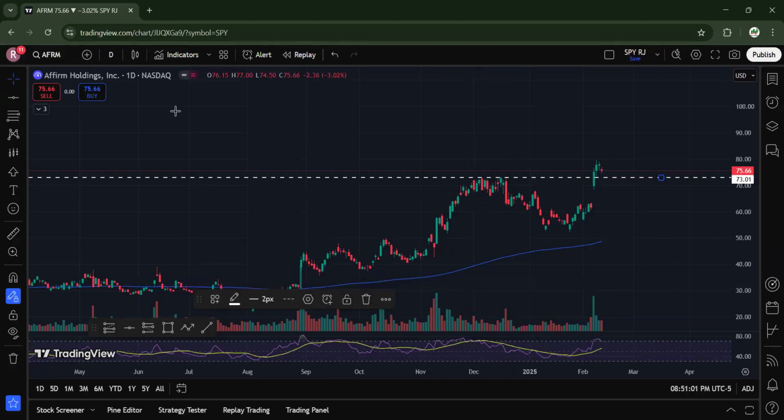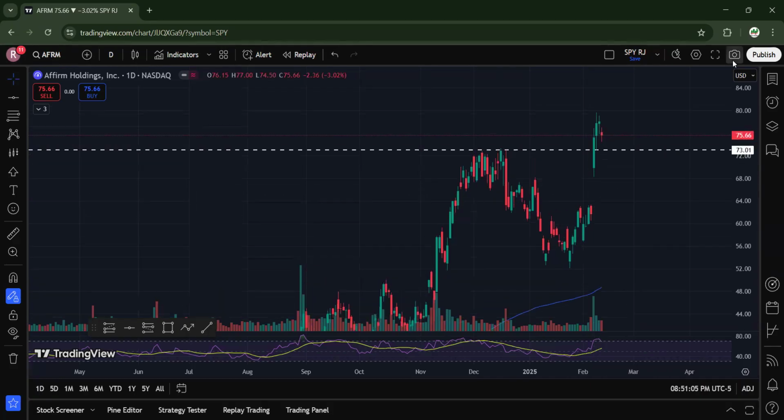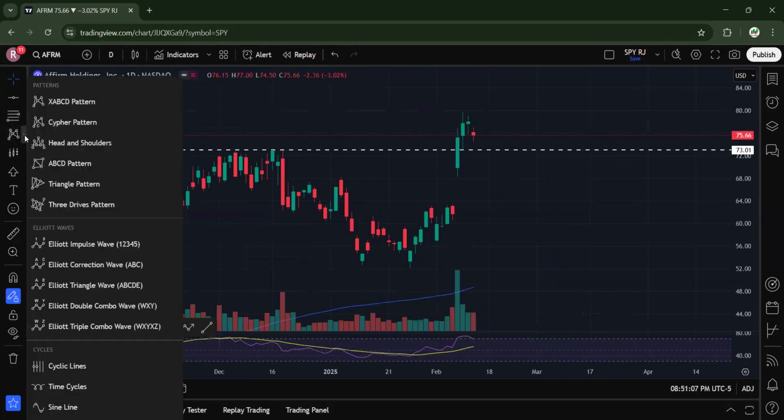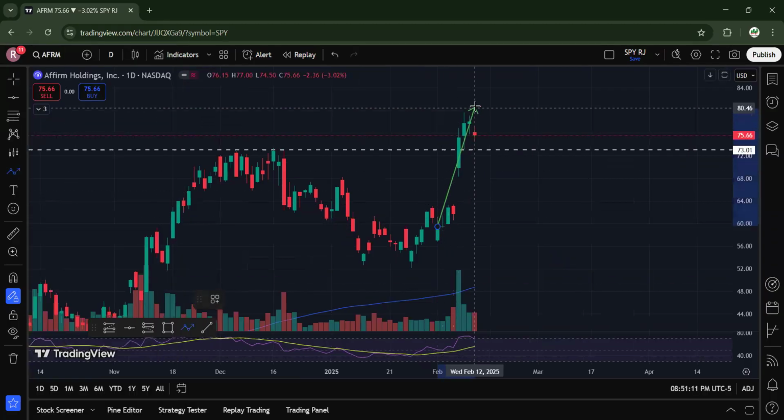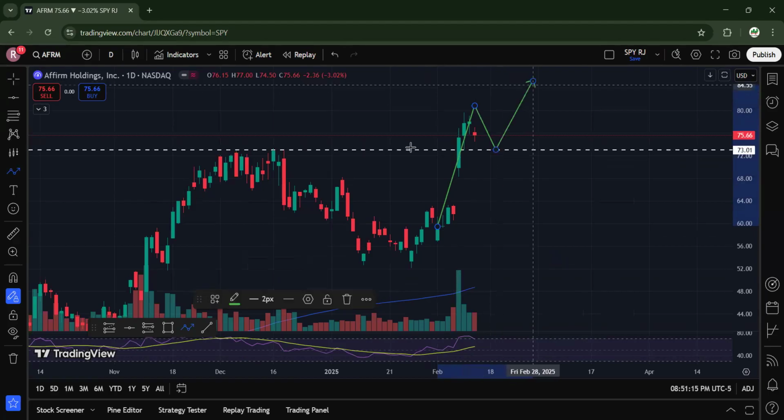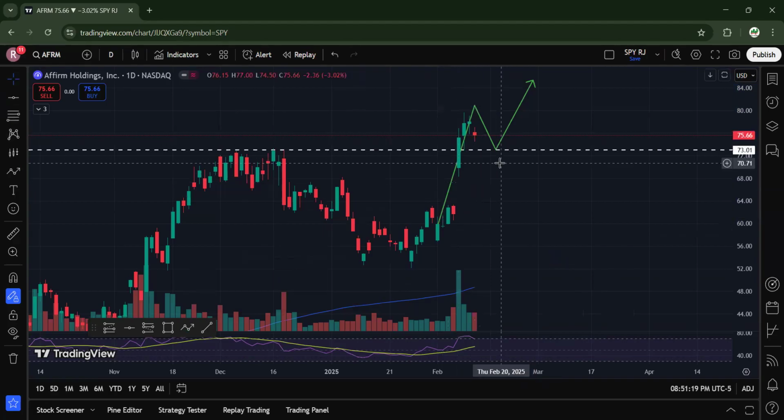You got a level. You got a breakout. I would be looking for the retest. This could be a possible, and notice that it hasn't happened yet.